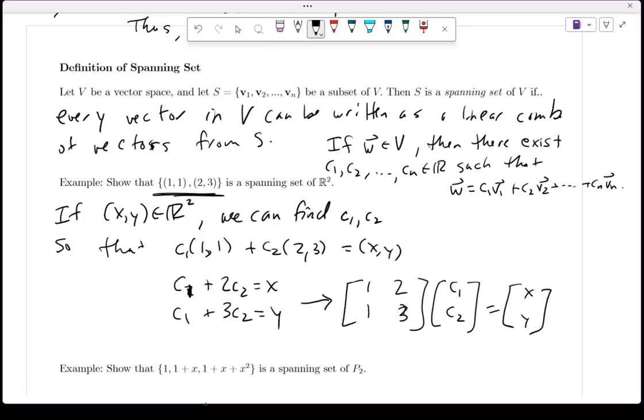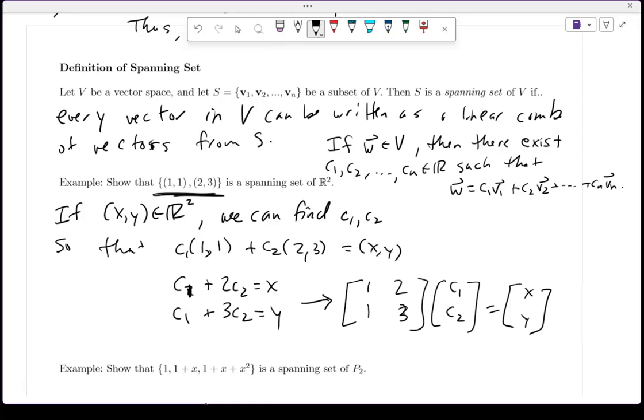But in particular, if you think about when you row reduce it, when's the only time you could possibly get something that doesn't have a solution? You have a row of zeros, right? You need to get a row without a pivot. That's the only time that you can get an inconsistency. If every single row has a pivot when you row reduce, then it'll always have a solution. If you get a row of zeros, then there'll be cases where it doesn't have a solution.